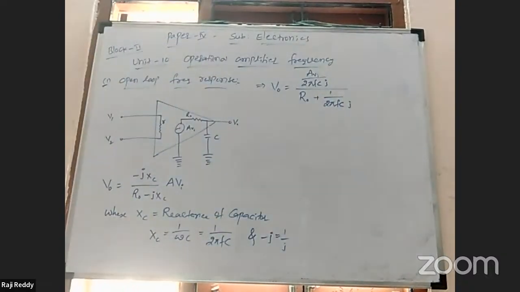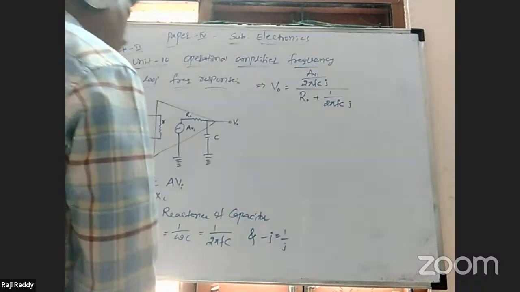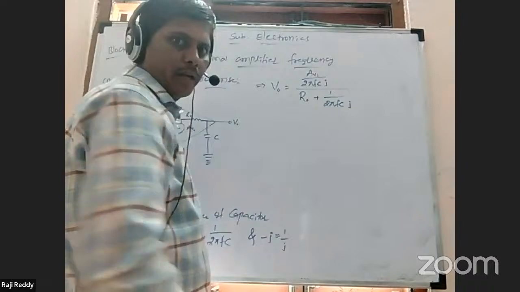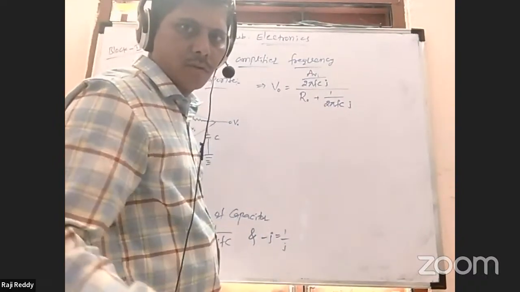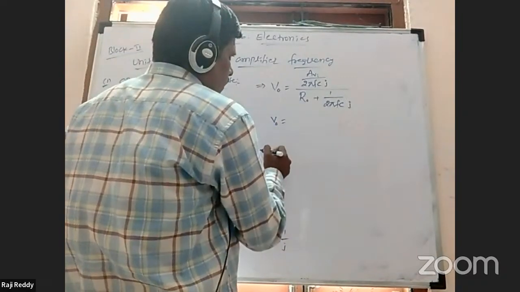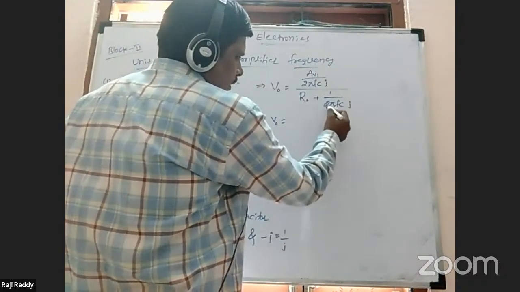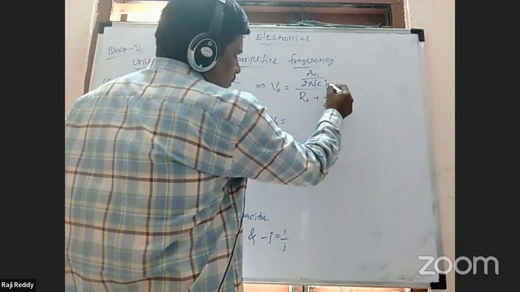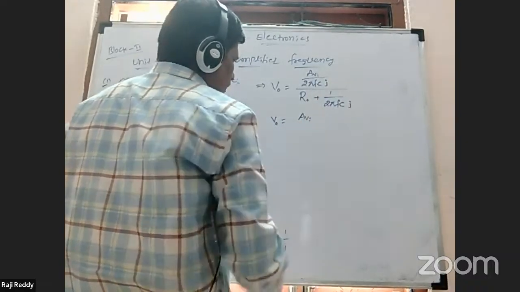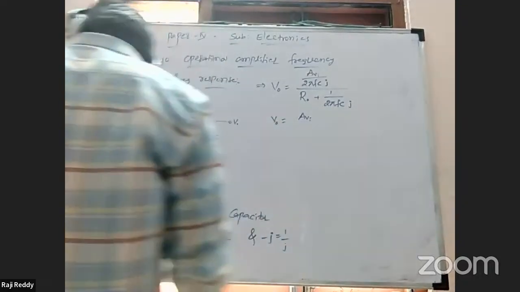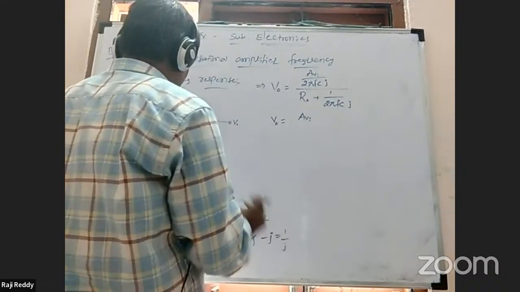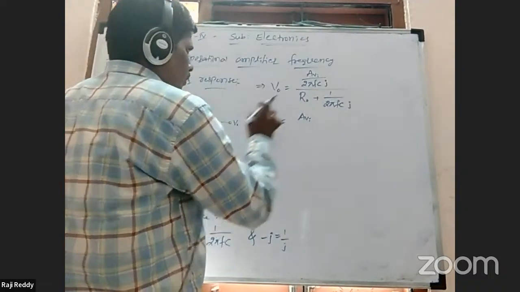Now we can simplify this. Take the LCM in the denominator, 2 pi fc into j. So we get V naught equal to A Vi, where 2 pi fc into j and 2 pi fc into j get cancelled. A is the gain, Vi is the input voltage.